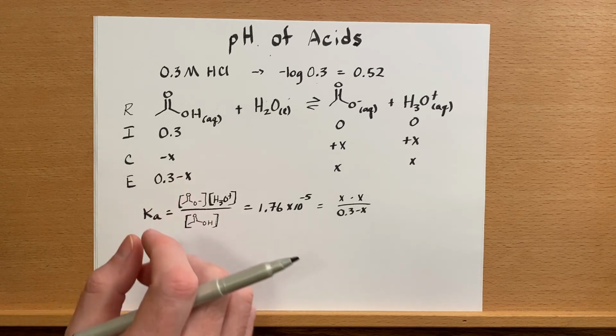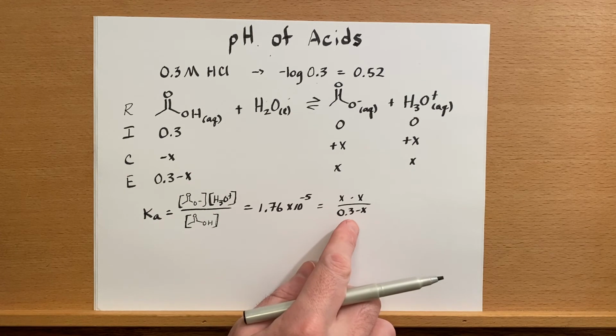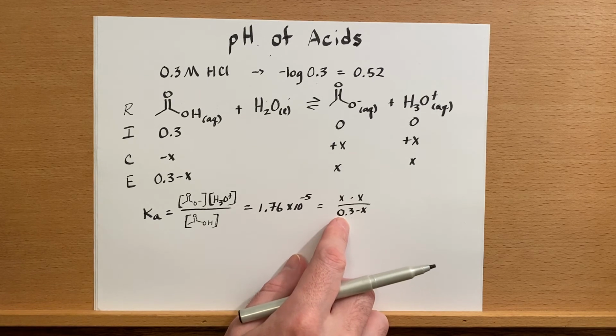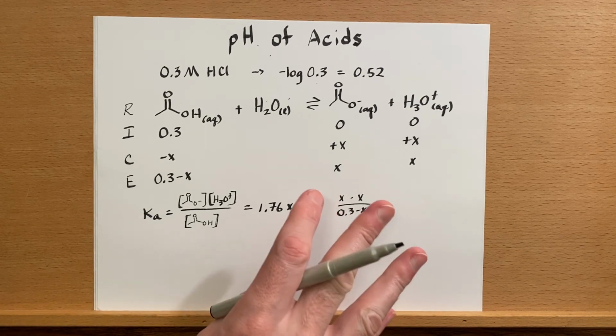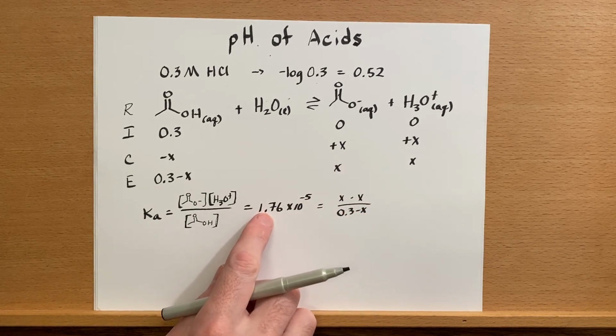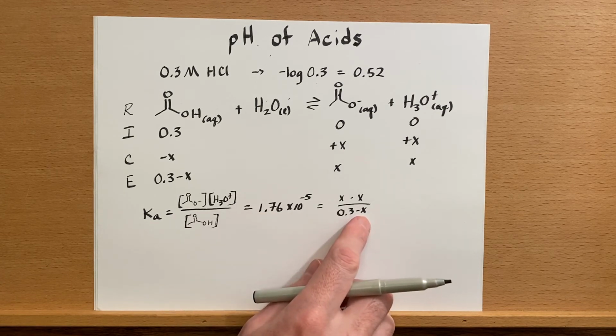Now, there's a little rule for when you can do that. If the concentration of our acid or base, because this works also when we're doing bases, is 4 orders of magnitude bigger than the K, then it is safe to ignore the minus x.